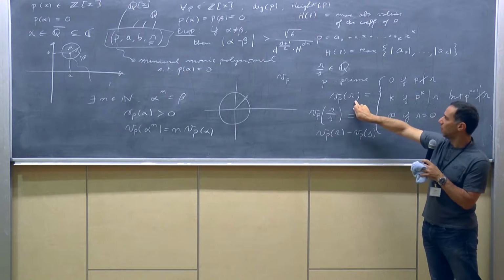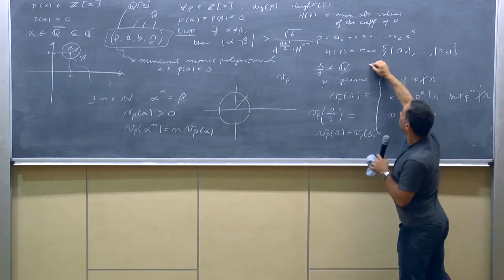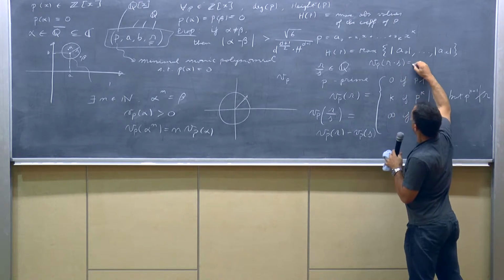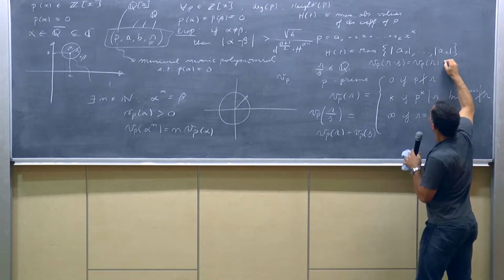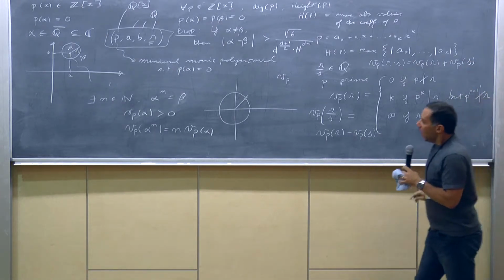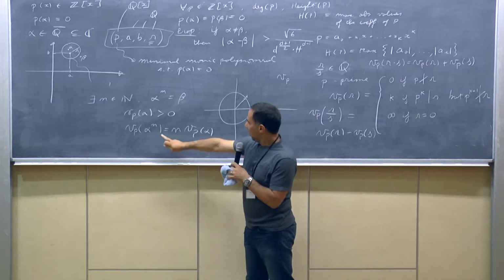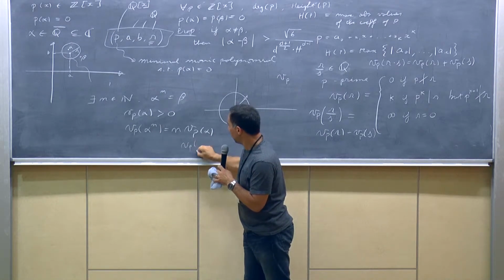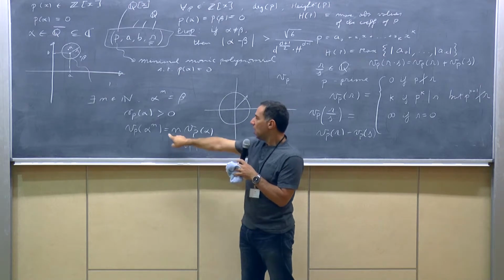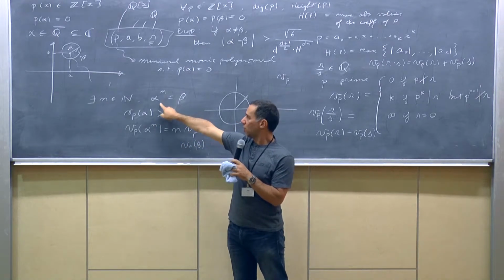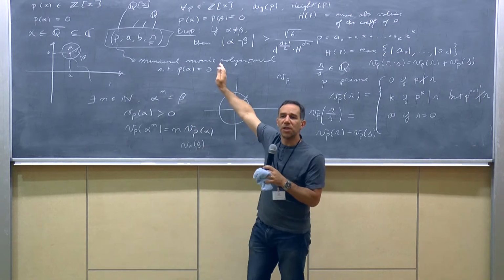In general, the p-adic valuation of r times s is going to be the p-adic valuation of r plus the p-adic valuation of s. And you simply evaluate the p-adic valuation now of beta. It's going to be some number. Then this places a bound on n, after which alpha to the n cannot be equal to beta because this grows.